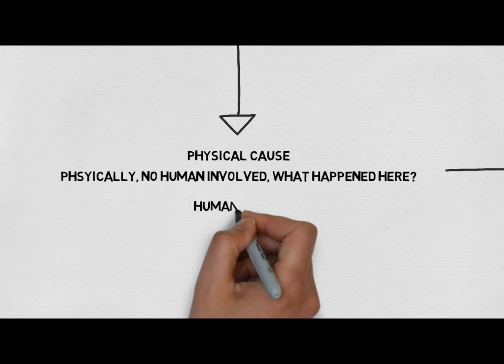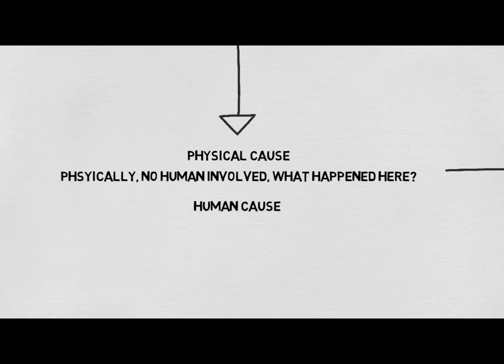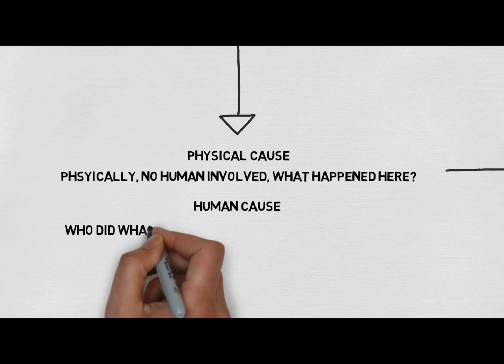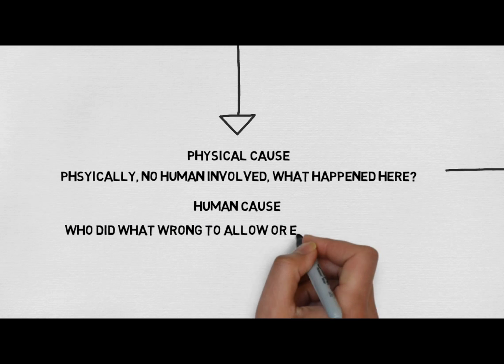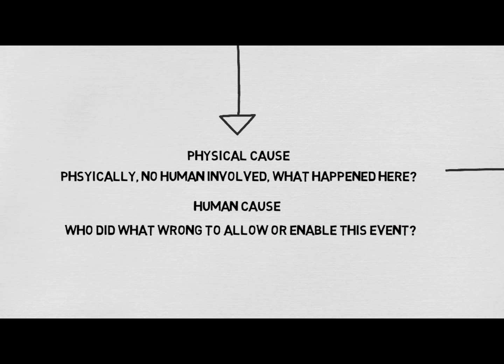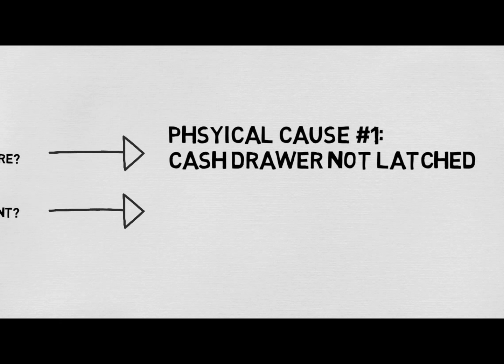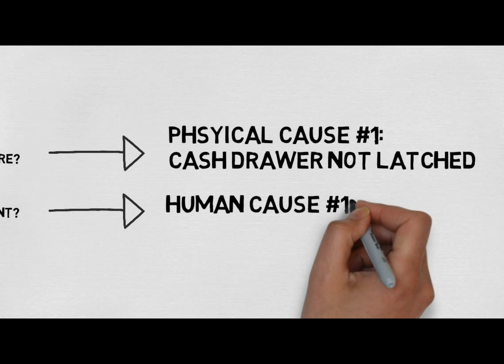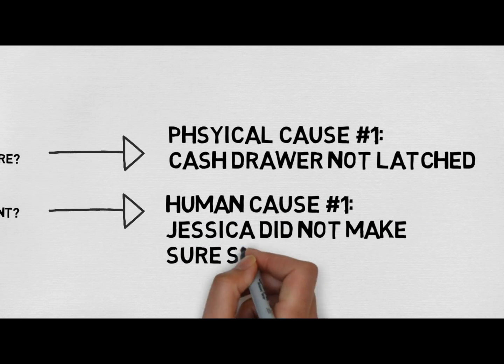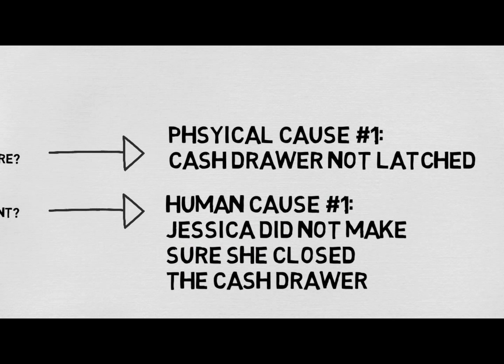And then the human cause. Who did what wrong to allow or enable this event? An example of this could be Jessica did not make sure she closed the cash drawer.